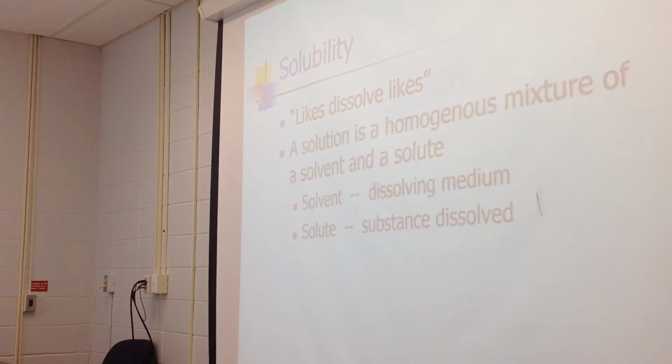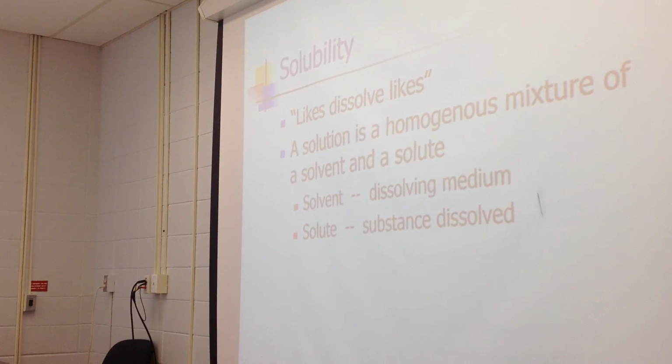Now, we'll need plenty of examples, I think, for this. When it comes to what a solution is, it's a homogeneous mixture of combining together a solvent and solute. Two components to a solution, solvent and solute. Solvent is the dissolving medium. Most of the time, what do you use to mix up solutions?